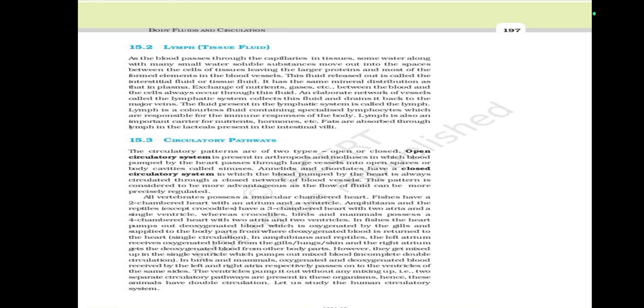That is, two separate circulatory pathways are present in these organisms. Hence, these animals have double circulation. Let us study the human circulatory system.